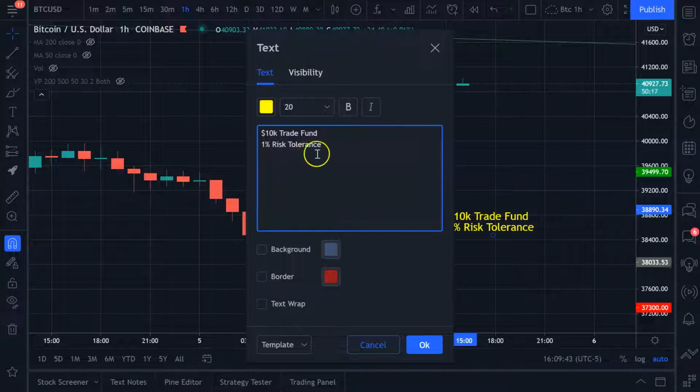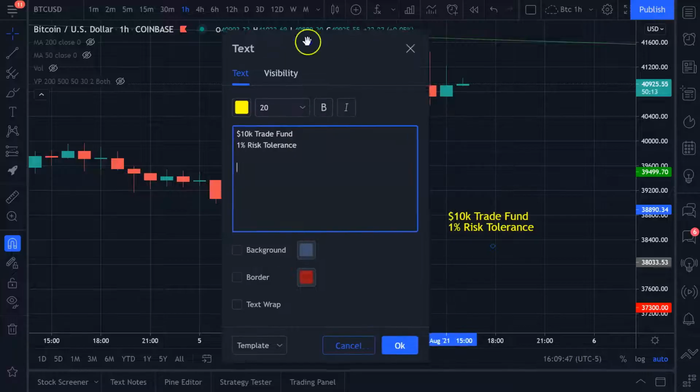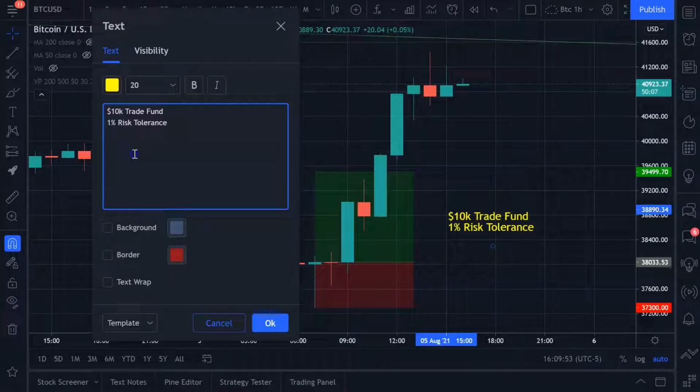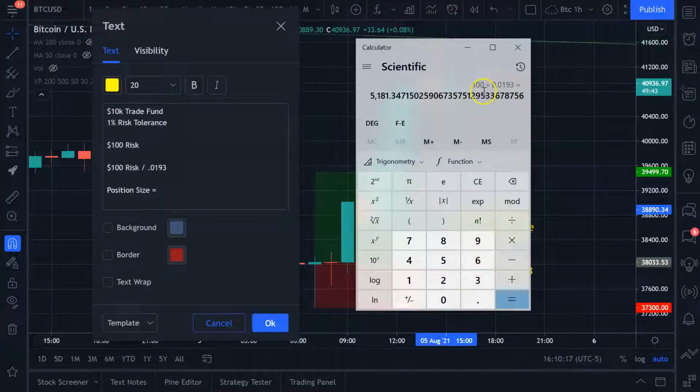I don't like people risking a lot of money until they know their numbers. So let's say you're risking 1%, right? Your stop loss is 1.93%. So 1% of 10 grand, $100 risk, $100 risk divided by 0.0193 because that's the stop loss. Your position size equals, so all I did was take $100 divided by 0.0193, and that gives me a position size of $5,181.